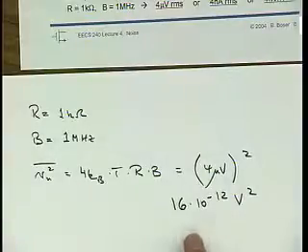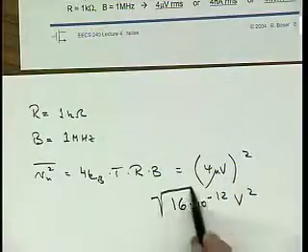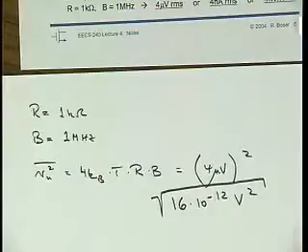So I always pull the square root out of this, and then I get something that has units of volts, and now it's 4 microvolts. Well, that says something, but we still don't quite know what it is.